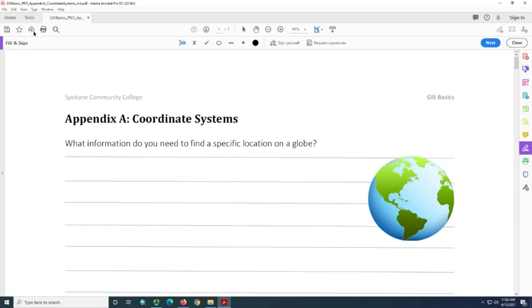So the first thing you need to find a specific location on a globe is a starting point, and this is known as the origin. You have to know where you're starting from. And then you have to know what direction you're going to go, and to know which direction you're going to go, you have to have axes.